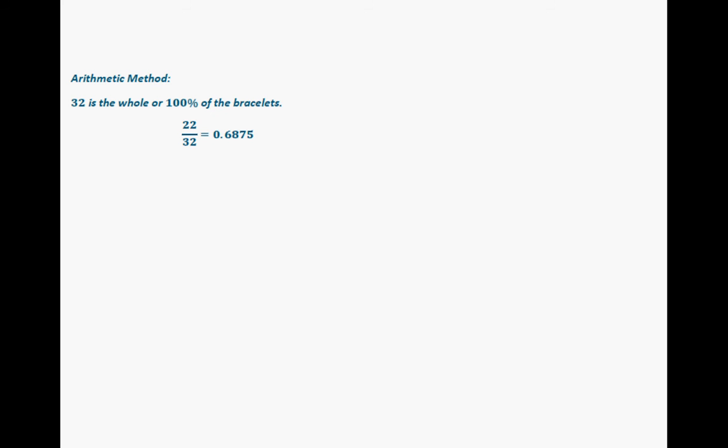Again, 22 over 32 is 6,875 ten-thousandths. If we take that and multiply it by 100%, which is what we want to convert this to, then that means we would have 68 and 75 hundredths percent.